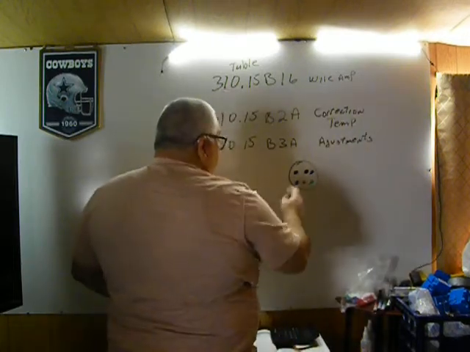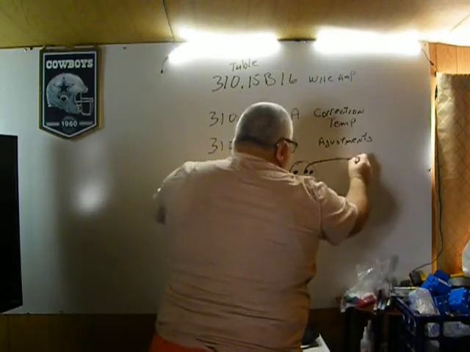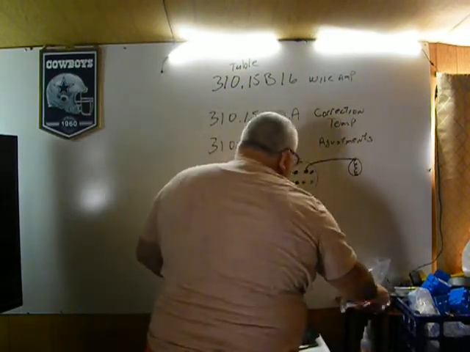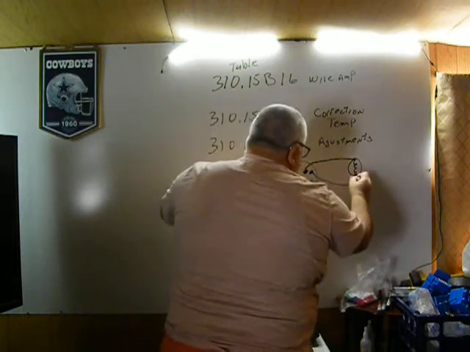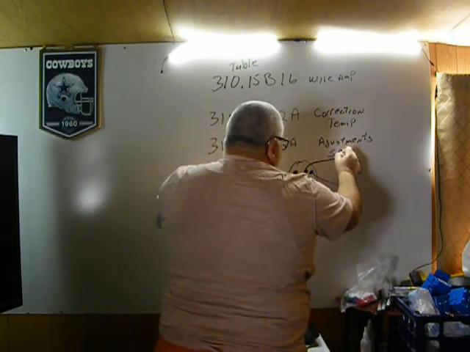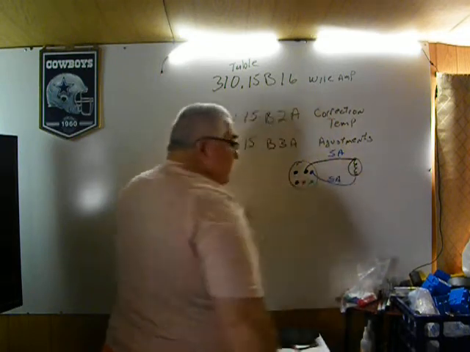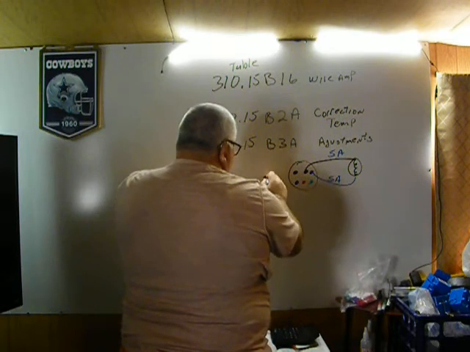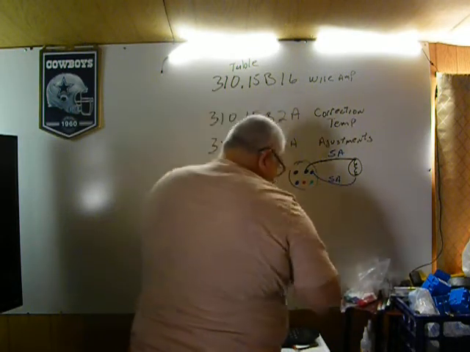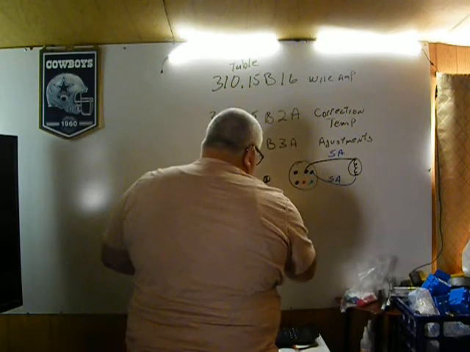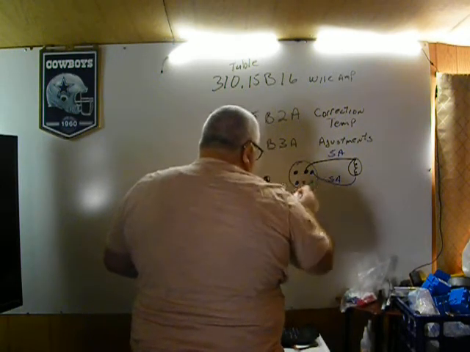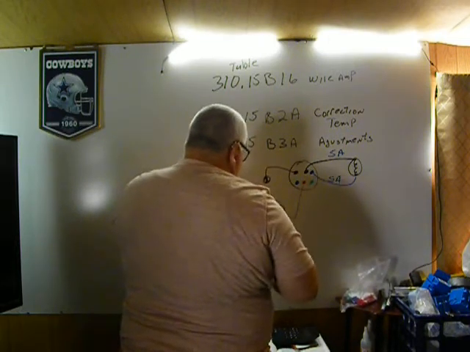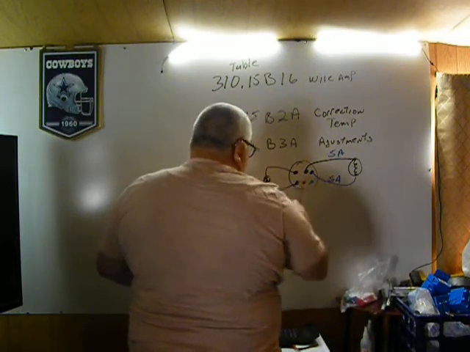But over here, because I'm coming out of here with my hot, going to my load, and returning back, if I got 5 amps here, guess what? I got 5 amps here. But over here, I have a load, there to there, there to there, and then this splits off.